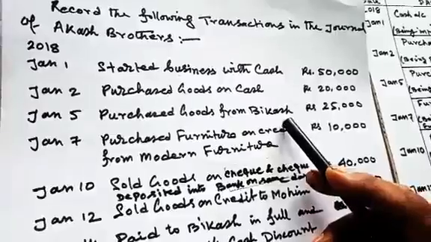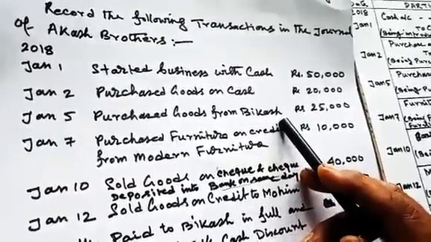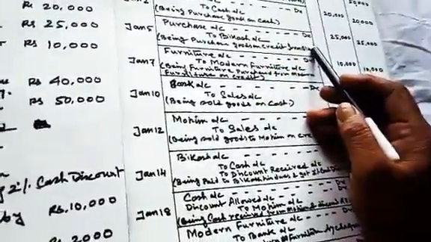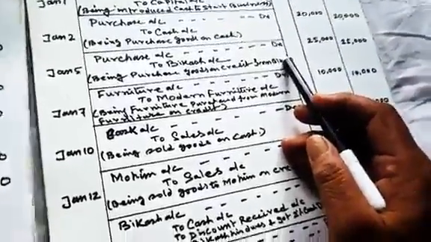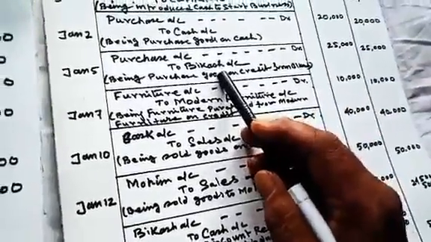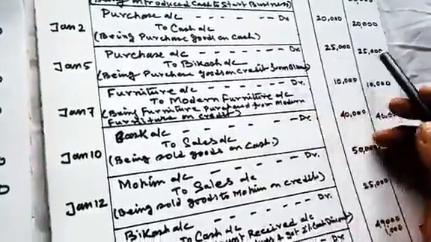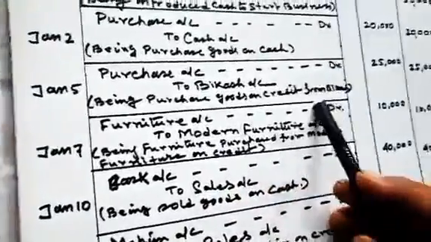So purchase goods from Bikash is a credit transaction. Now come here, purchase account is debit. From whom we have purchased the goods? From Bikash. So purchase account is debit to Bikash account, 25,000, 25,000. Being purchased goods on credit from Bikash.